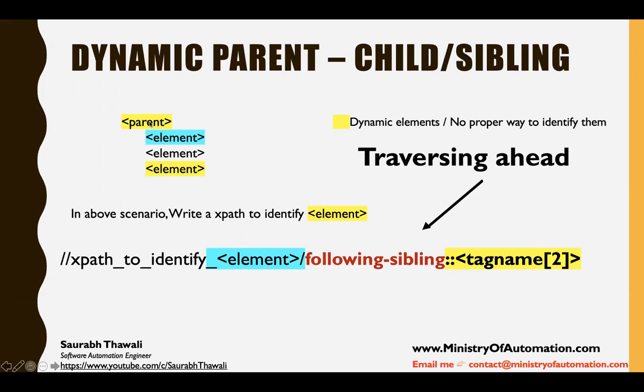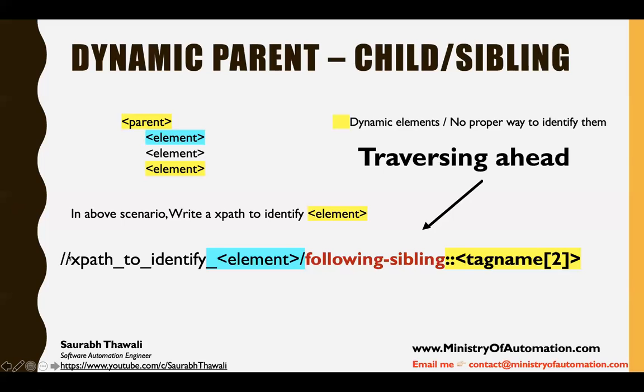So here, because the parent is also dynamic, we can't identify the parent directly. Now in such a complex scenario, you need to carefully study the pattern, or carefully look into the structure of your element and try to find that one element with which you can at least reach there.